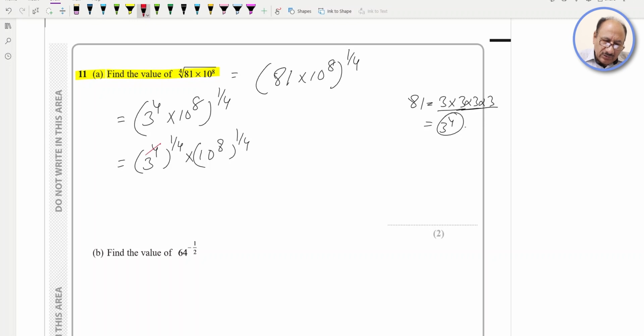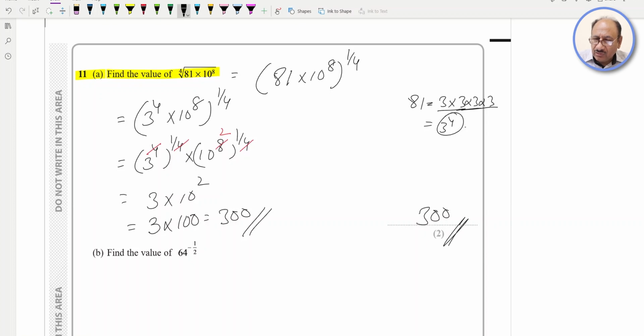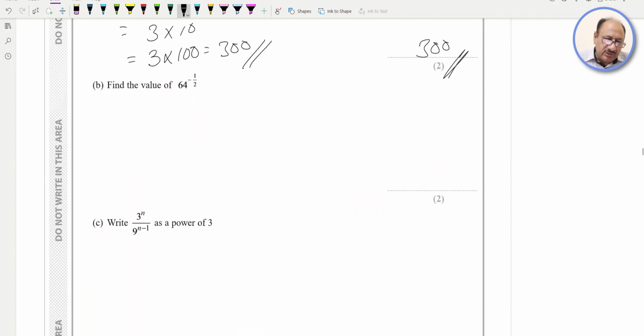Now we can cancel. 4 will be cancelled and this 4 will be cancelled and we'll get 2, and this will be equal to 3 raised to power 1, it means 3 multiplied by 10 raised to power 2. 10 raised to power 2 is 100, so 3 multiplied by 100 will be equal to 300. So 300 will be our final answer, and this was a 2 marks part which we had done.